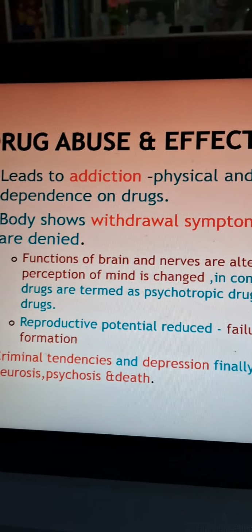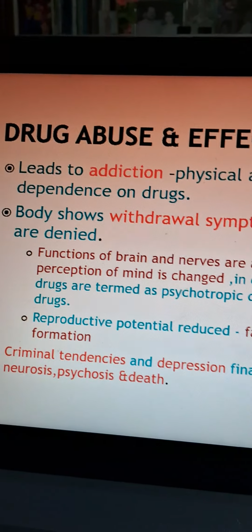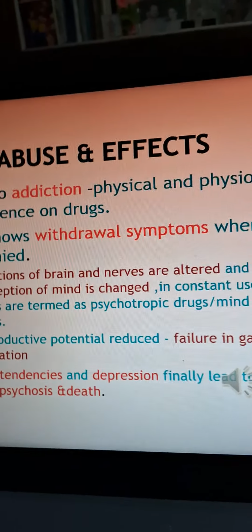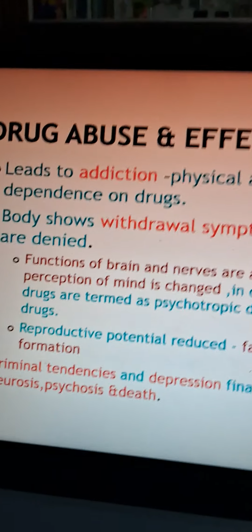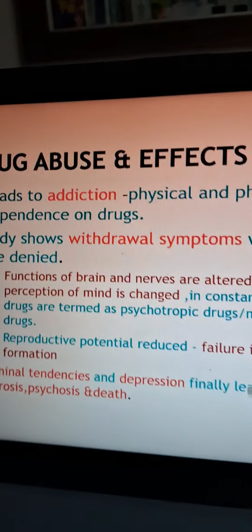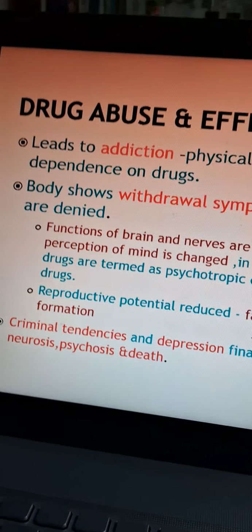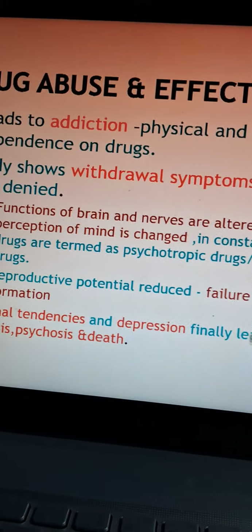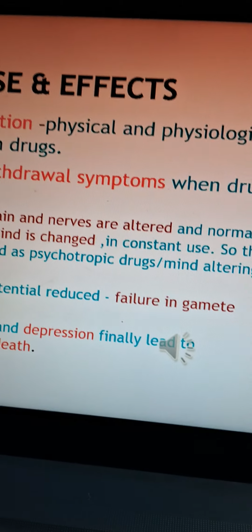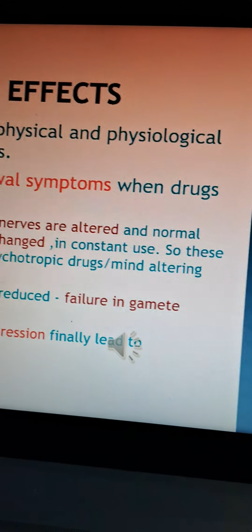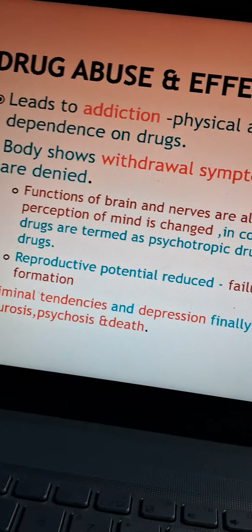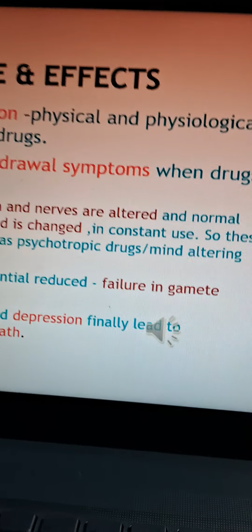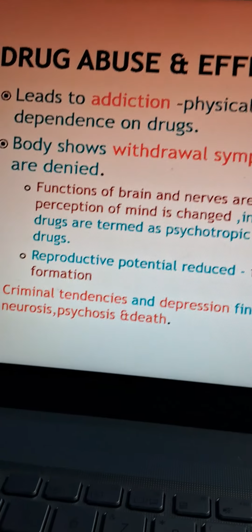Drug abuse leads to addiction, physical and physiological dependence on drugs. Body shows withdrawal symptoms when drugs are denied. Functions of brain and nerves are altered, and normal perception of mind is changed in constant use. So, these drugs are termed as psychotropic drugs or mind altering drugs.